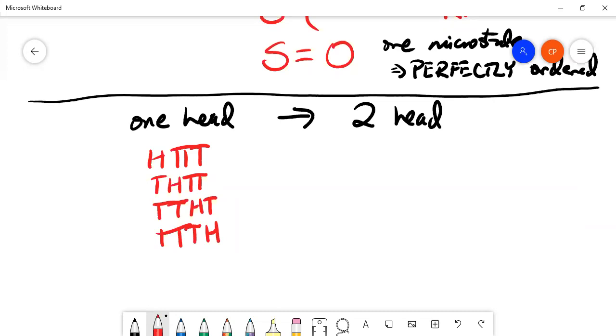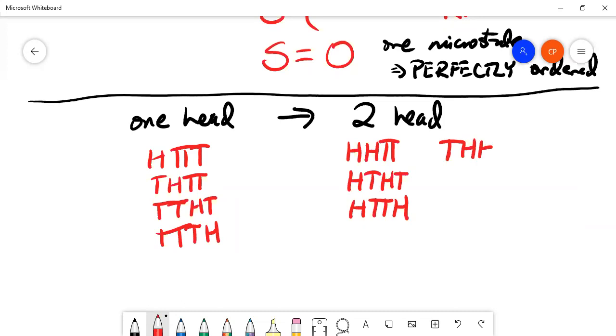And then let us remind ourselves of the range of possibilities that we had when we had 2 heads. It takes me a moment to remember.